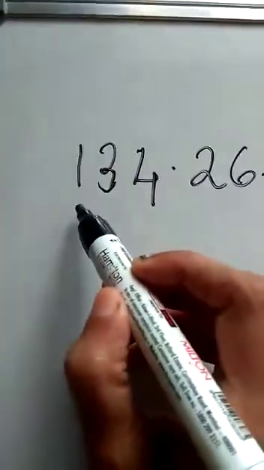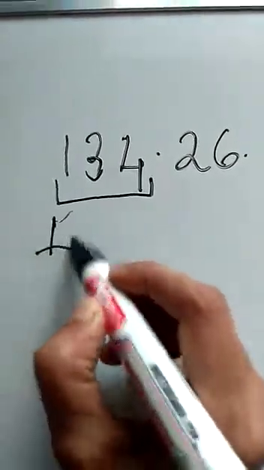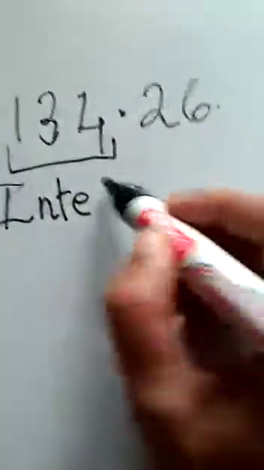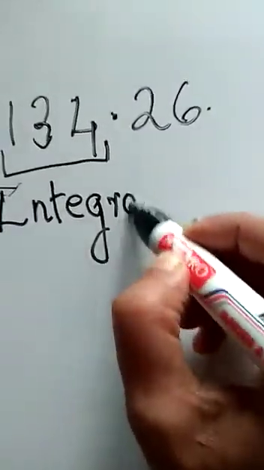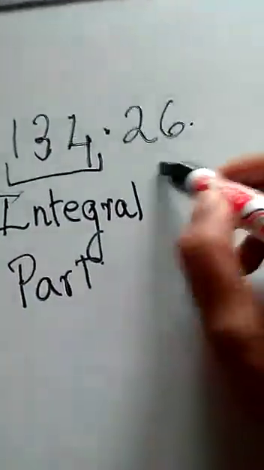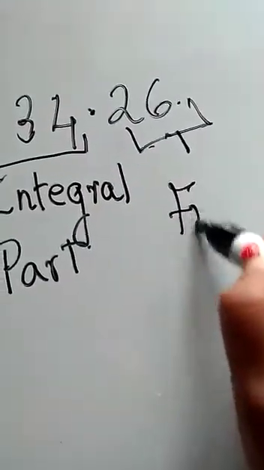Now in this decimal number, the part before the decimal point is called the integral part, and this part is called the fractional part.